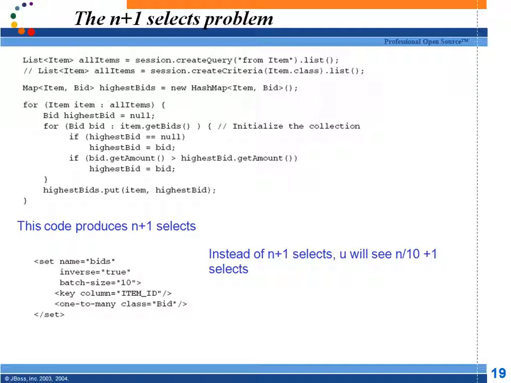It will get all the bits where the bit table's item underscore ID, b dot item ID, is in select item ID. It will use the same query as the inner query, the subquery.